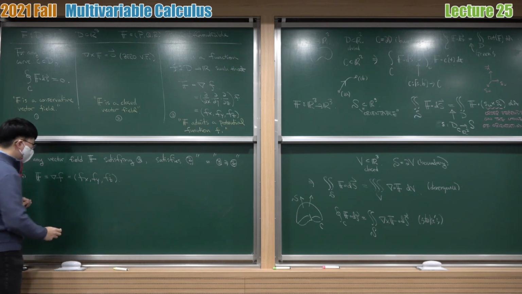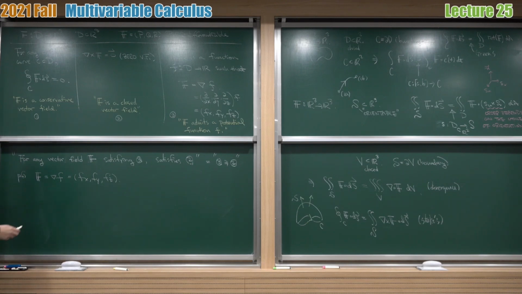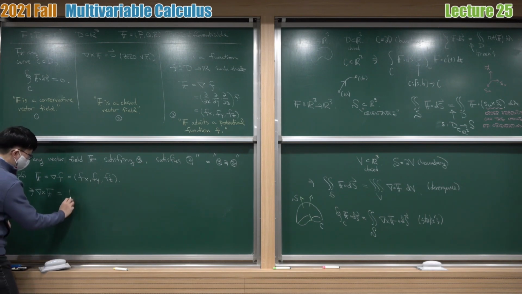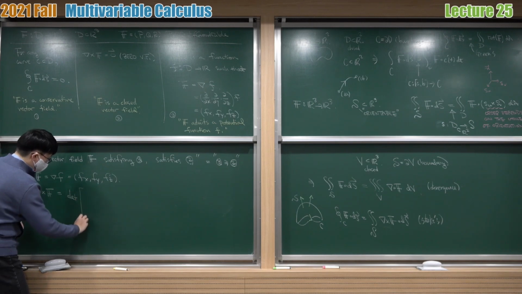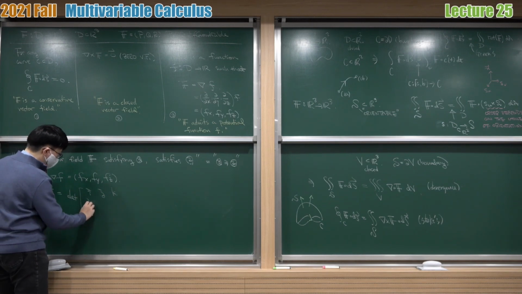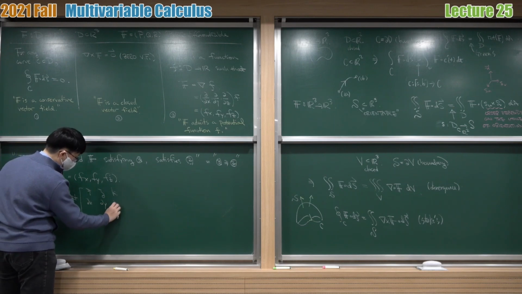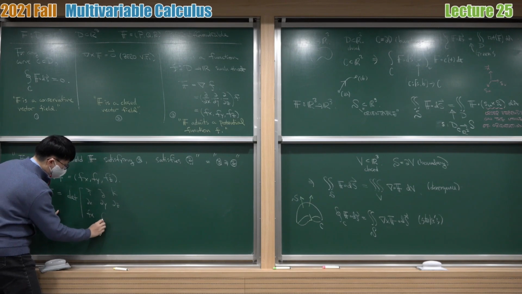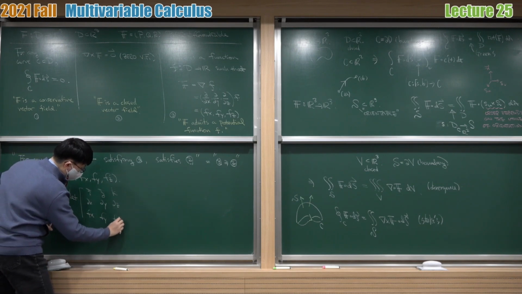And then let's try to find the curl of the vector field. Again, curl of a vector field can be written as the determinant of i, j, k; del x, del y, del z; fx, fy, fz.